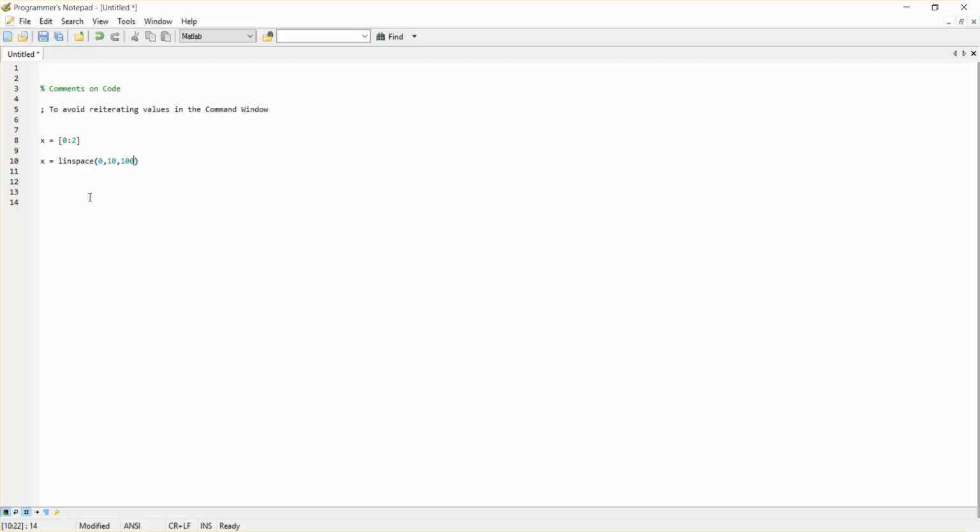If I put this into MATLAB and click enter, you get 0 all the way to 10, but you'll get 100 different values in between. So 0 is the beginning, 10 is the ending value, and 100 is the amount of values that you want for that matrix.